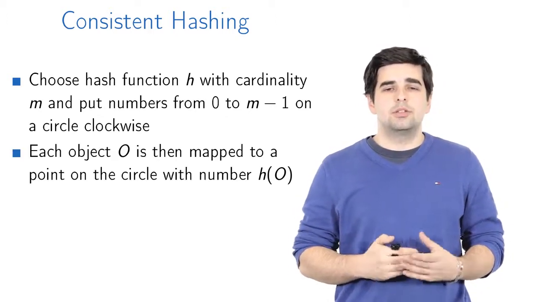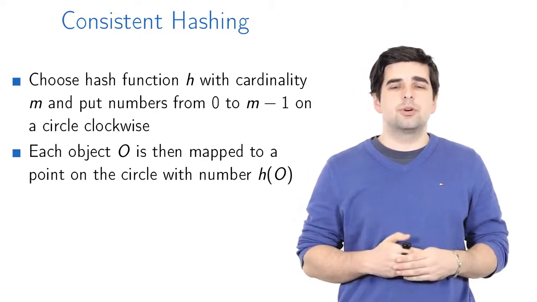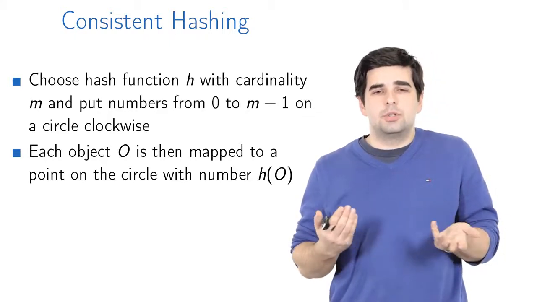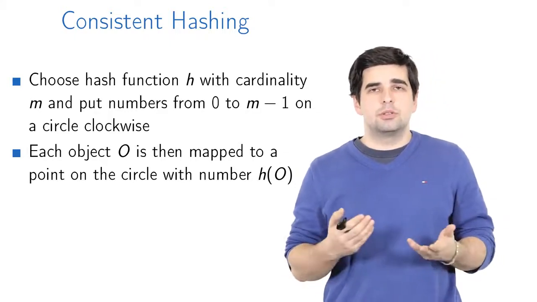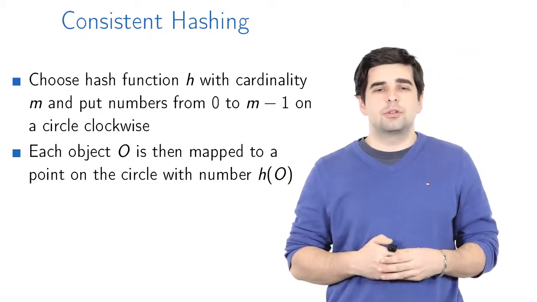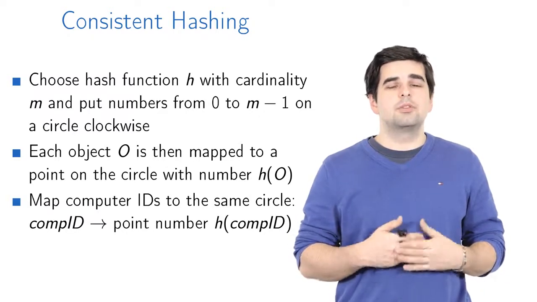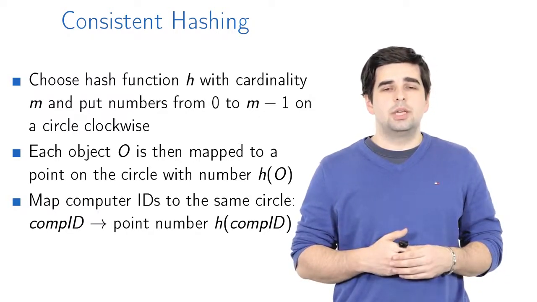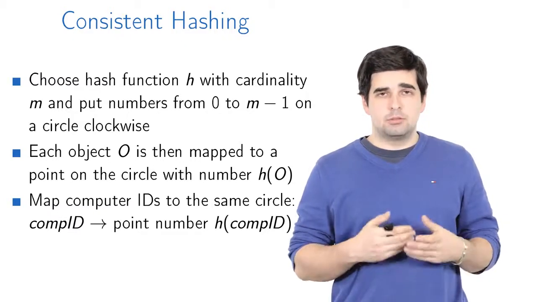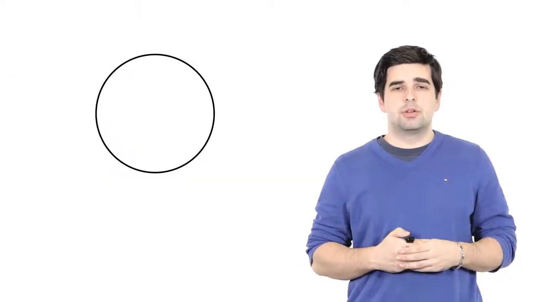Then each object O is mapped to some point on this circle corresponding to the hash value of this object, which is from 0 to m-1, so it always maps to some of the numbers on the circle. And also each computer ID is mapped to the same circle. We hash the ID of the computer and we get the number of the point to which this computer is mapped.